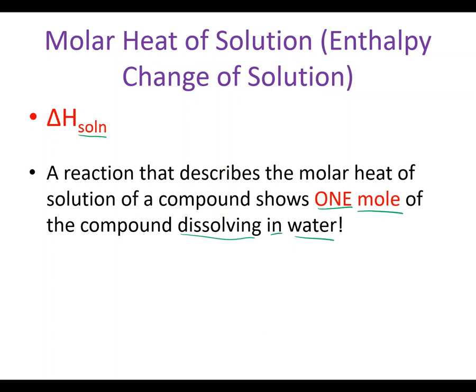Our main focus and the ones that they usually focus on for AP, though, is when you have ionic compounds dissolving in water, because there's usually a higher amount of energy change in there, and it's measurable in the lab. So we're going to be looking at this from mostly an ionic compound dissolving in water standpoint.